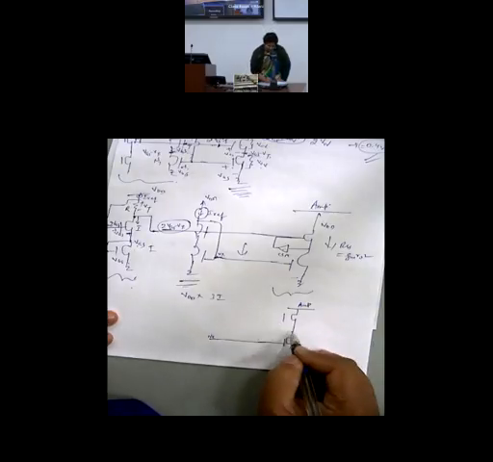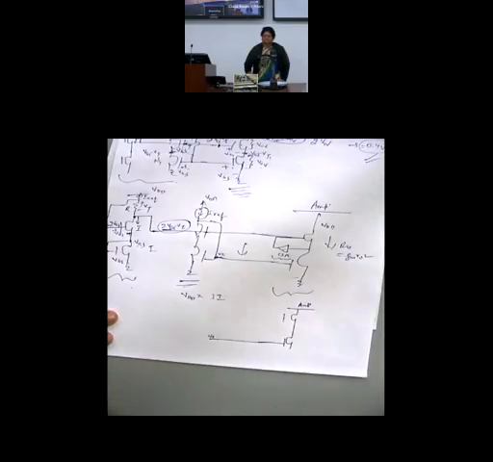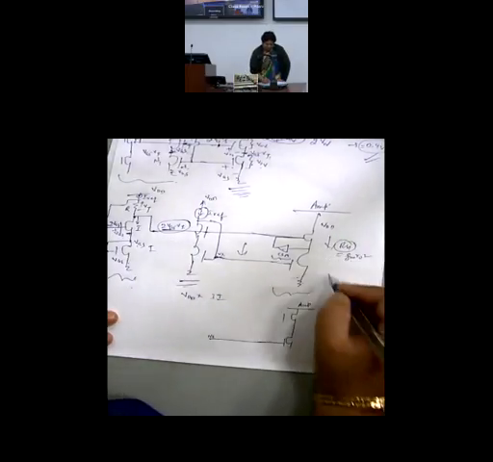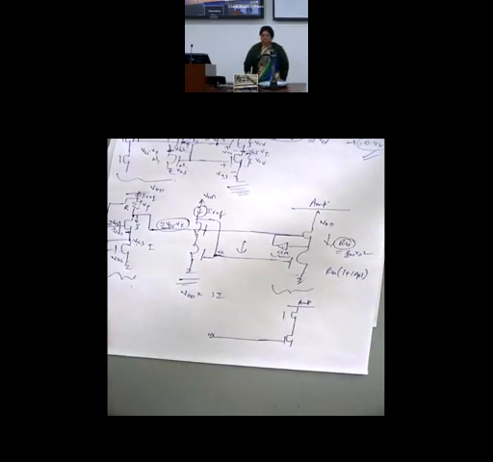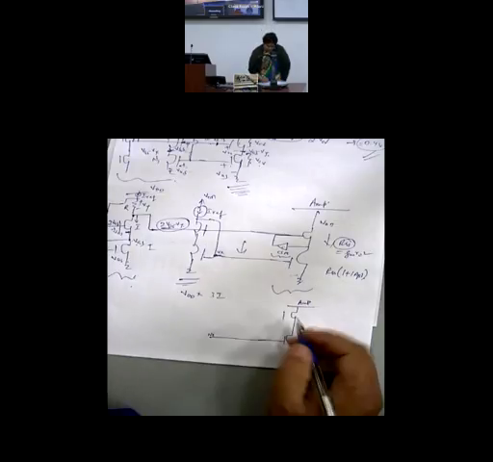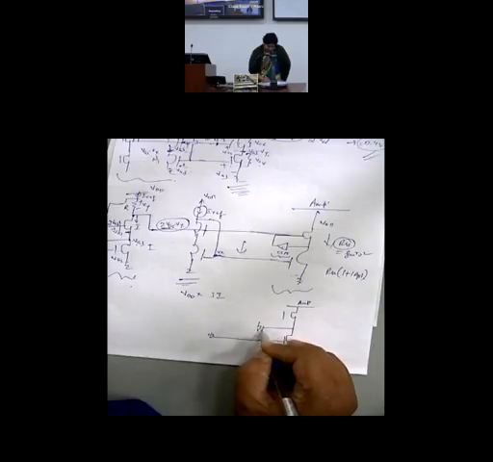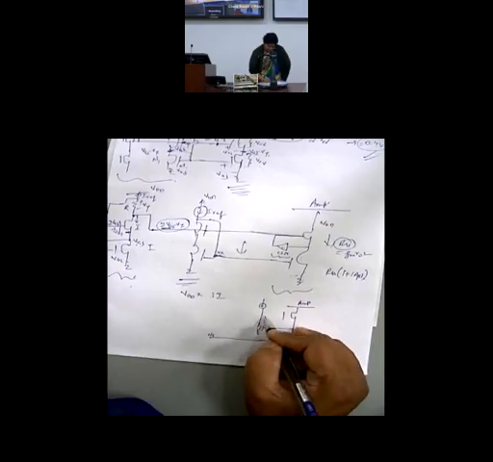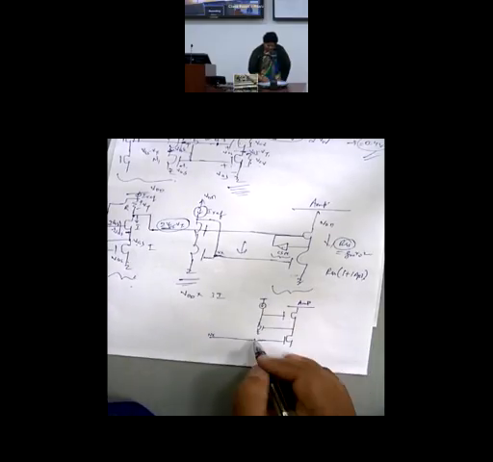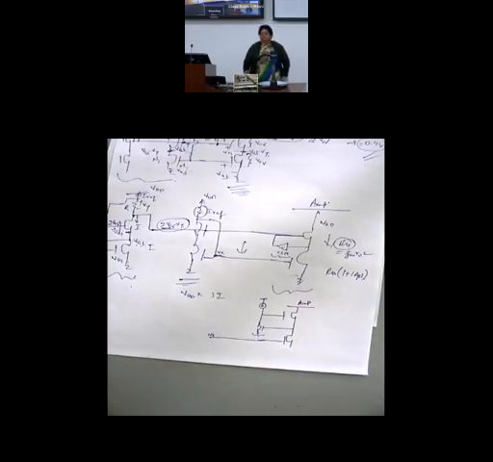Now my aim is to show you this configuration. Gain boosting, because whatever is RSS, I want to make it RSS times 1 plus A beta. So I will make a common source amplifier, using the concept from Wilson.